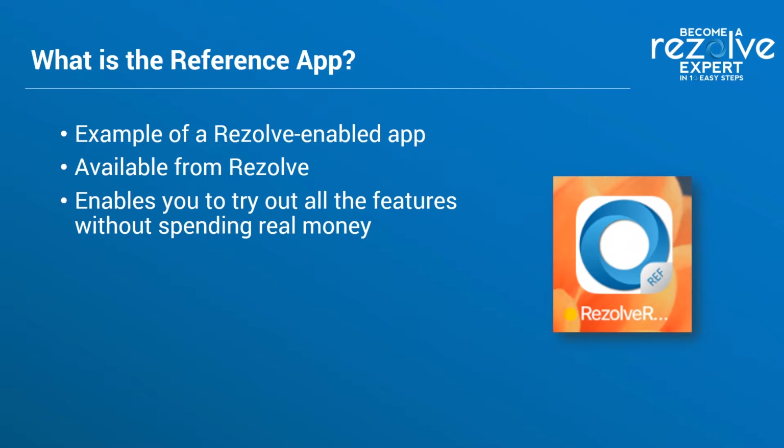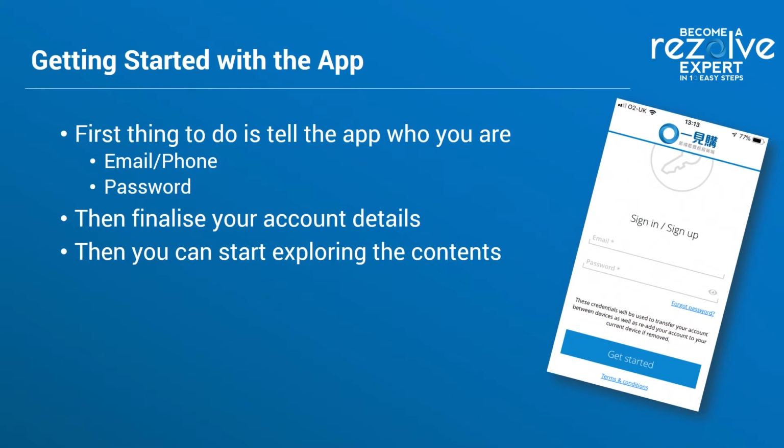If you've got the Rezolve-enabled app, now is the time to open it. What you see initially is a sign-in, sign-up screen. In this screen, you just need to tell the app who you are. You need to enter your email address, your phone number, depending on what it's asking for, and enter a password. If you've got an existing account, that's when it'll log you in.